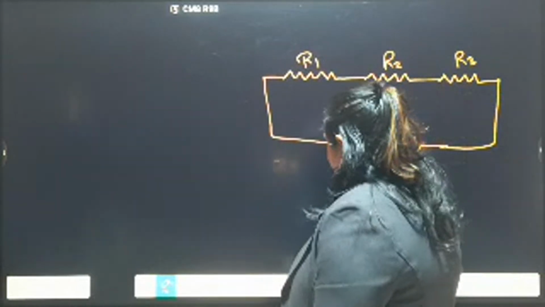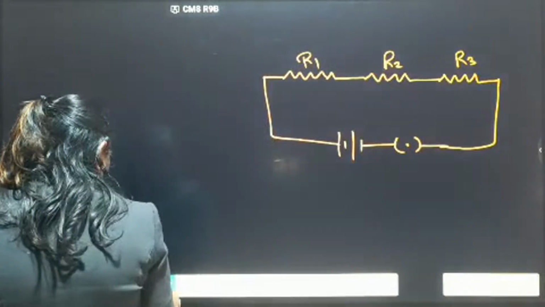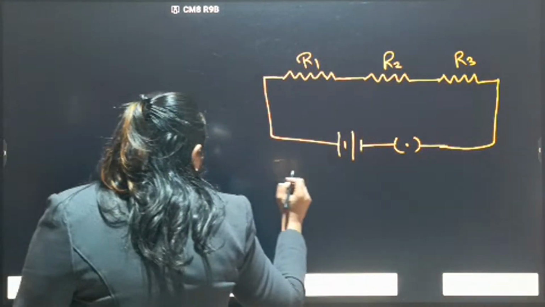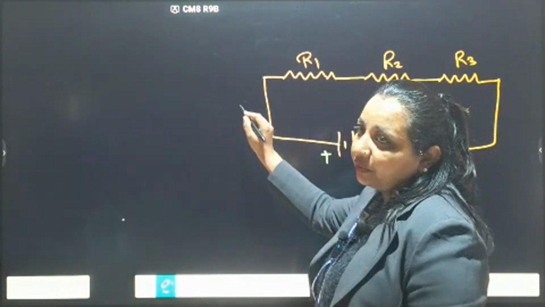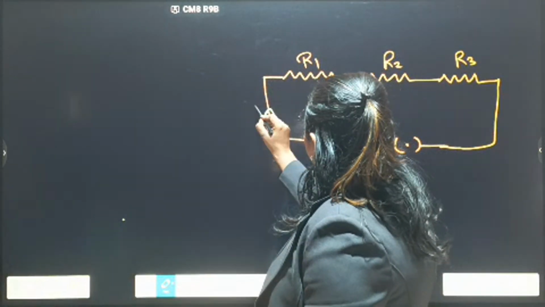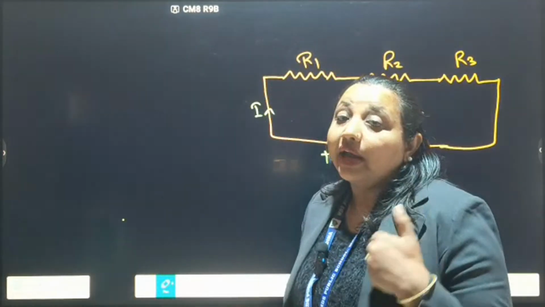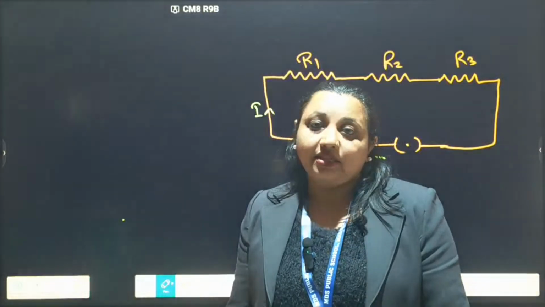Okay, what you have to remember in the series combination, the most important thing, is the current flows from positive to negative. The current I goes, the same current goes through or across all the resistances, same current.